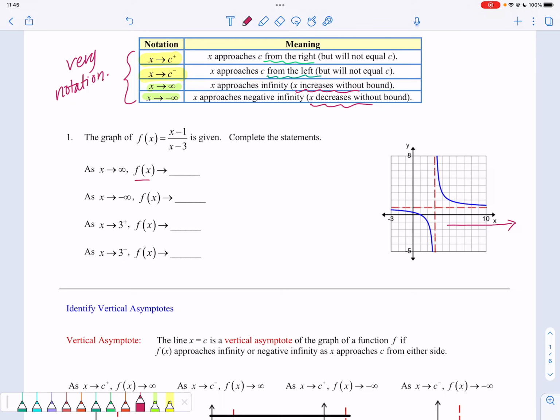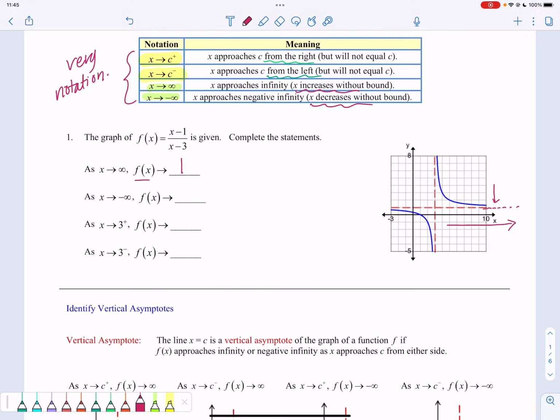As you can see, the y values are approaching 1, and you can see that line right here. They're going down, down, down towards 1.